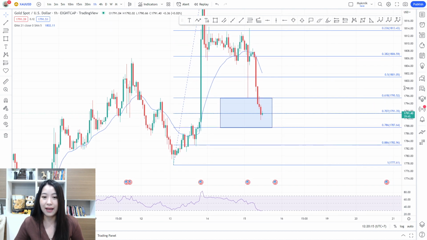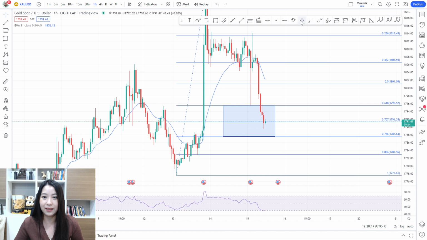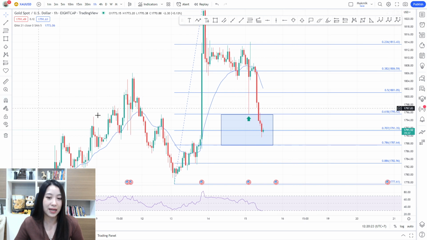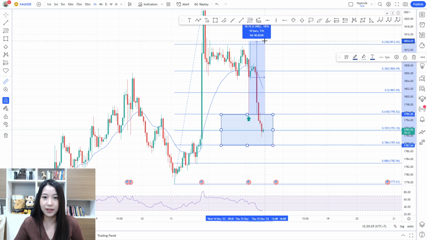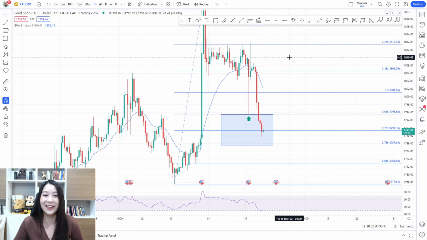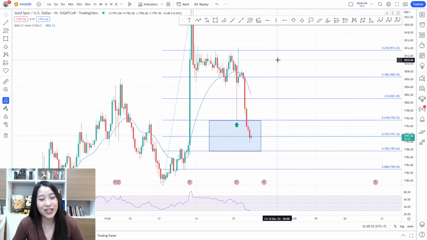And look at this candlestick. If you place a pending order there, it would be executed and the price should back up really high. That's around 1,800 points.